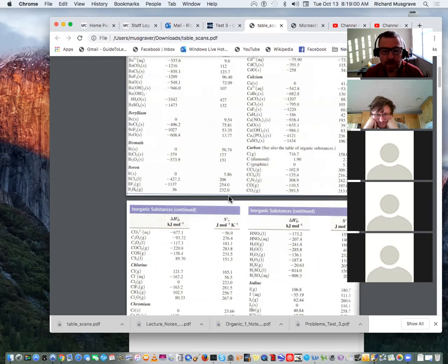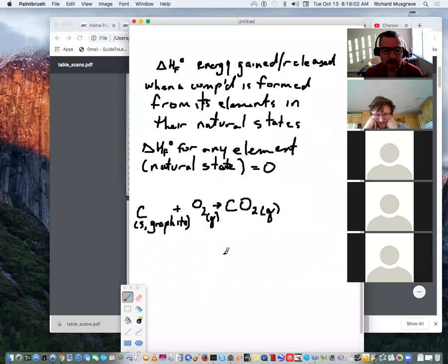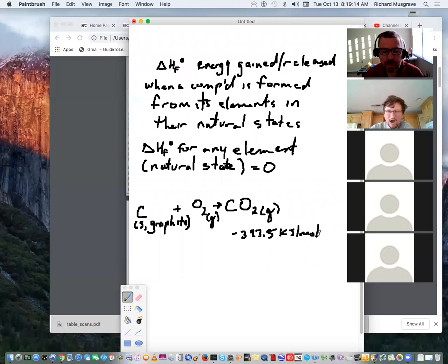CO2 is negative 393.5. So that is the heat of formation of CO2 gas. What that means is that that's the amount of energy it's released because it's negative, right?